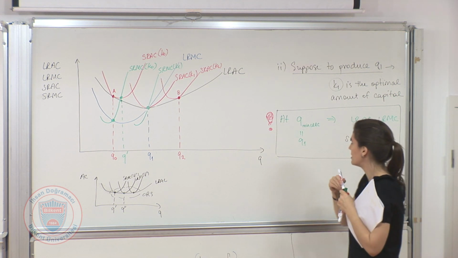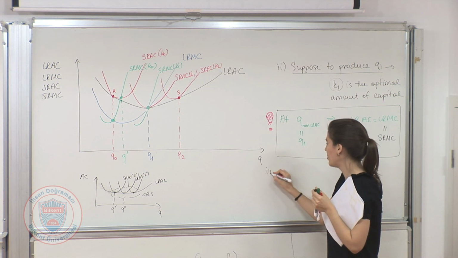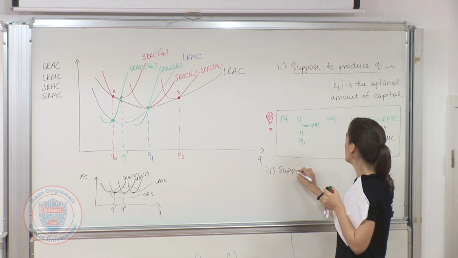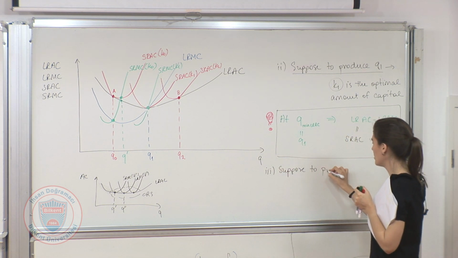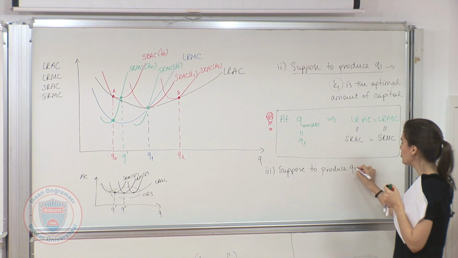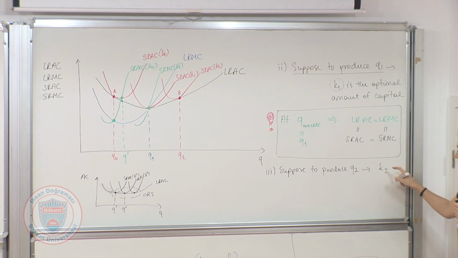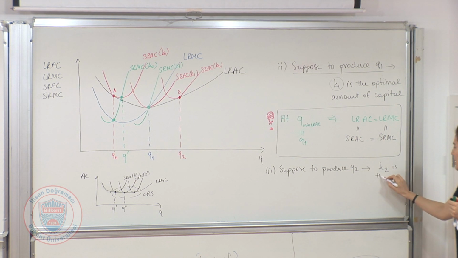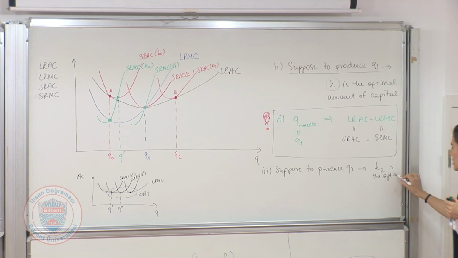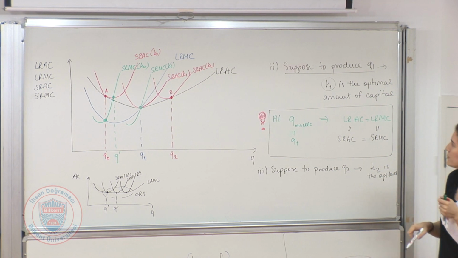So let's write this down. So the third one, suppose to produce Q2, okay? Now K2, I'm not writing it, but now you guys can. K2 is the optimal level, right? K2 is the optimal level.